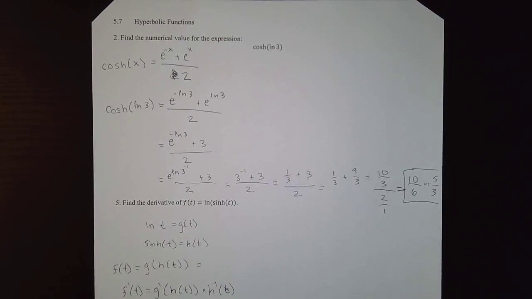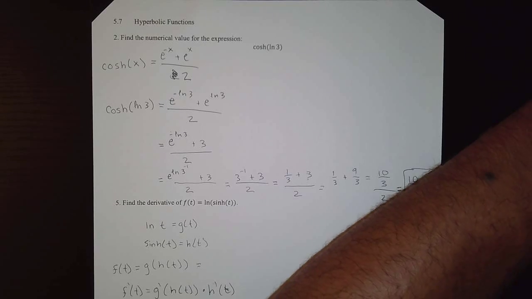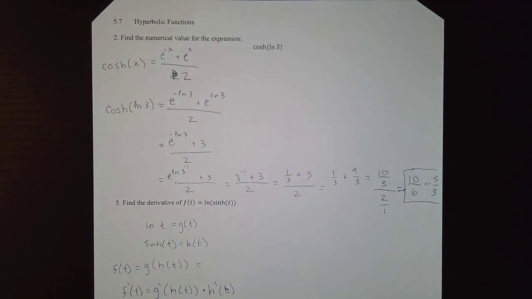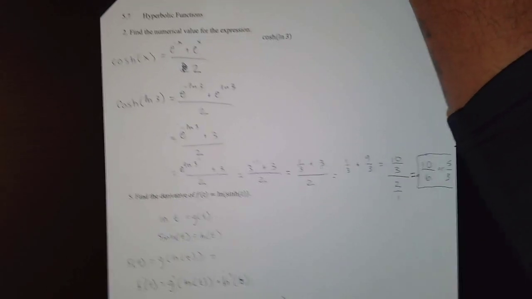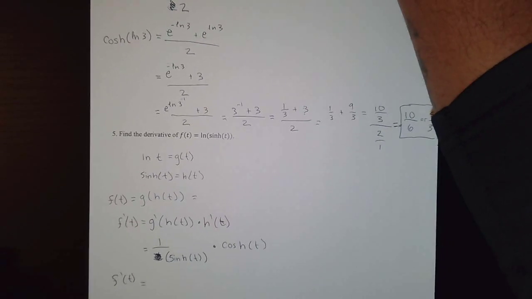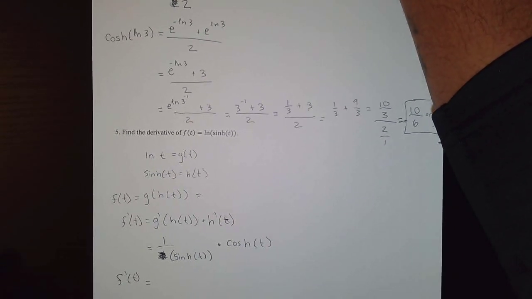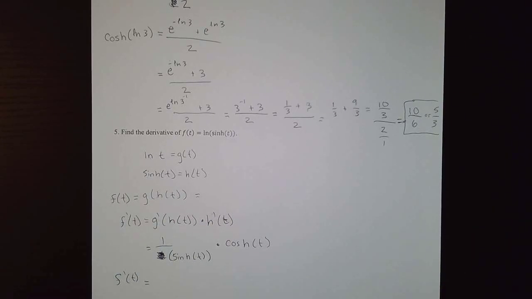And so now we have the derivative at t equals cosine h of t divided by sine h of t.